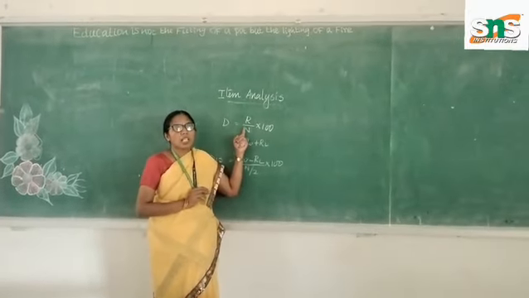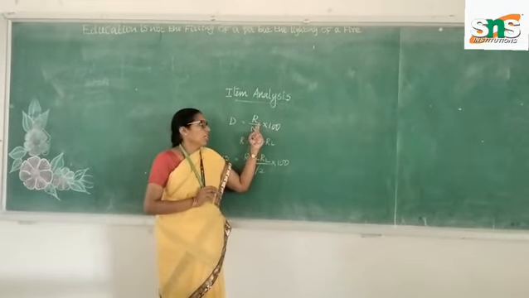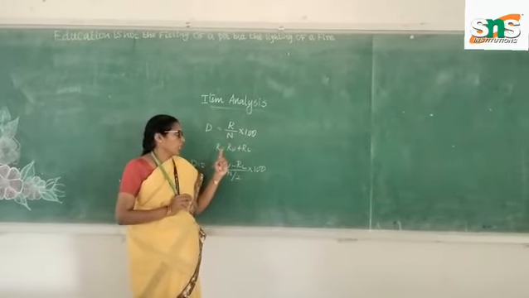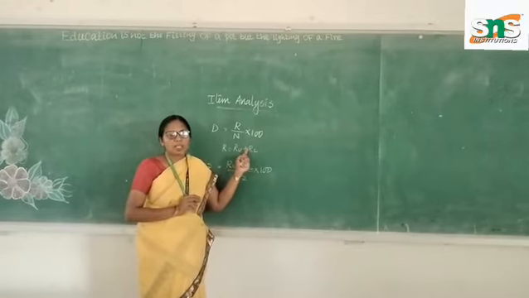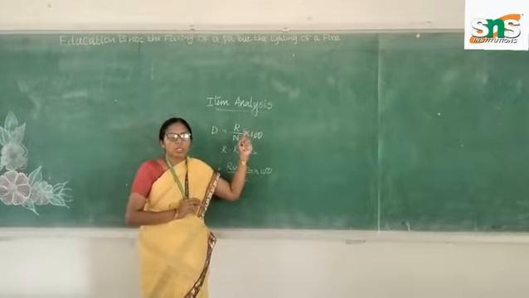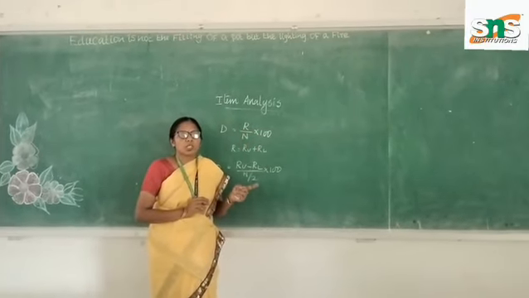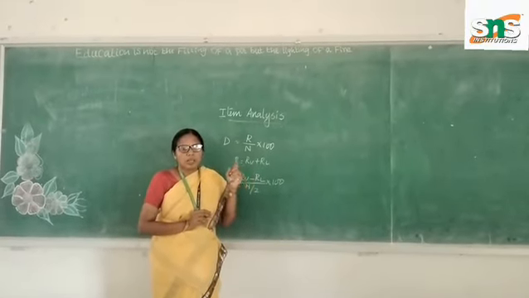The formula is R by N into 100. R is equal to RU plus RL, that is, the upper group children who have written the correct response plus the lower group children who have written the correct response. You all understand?